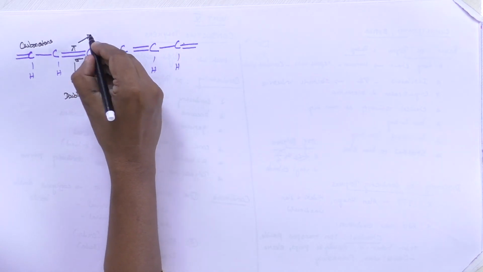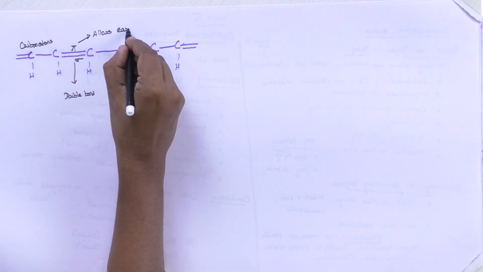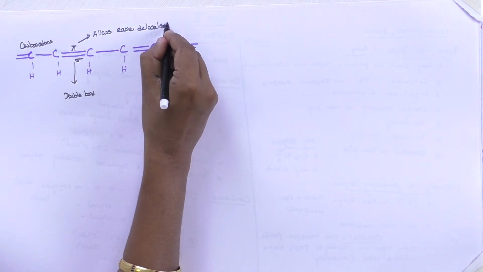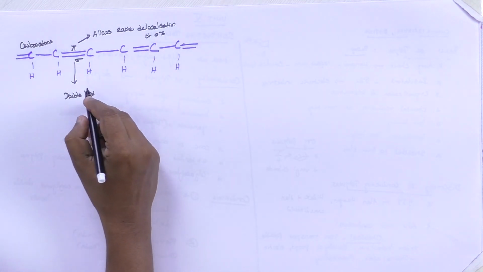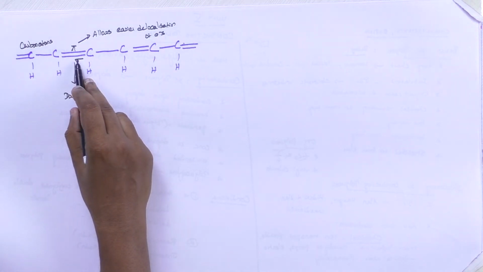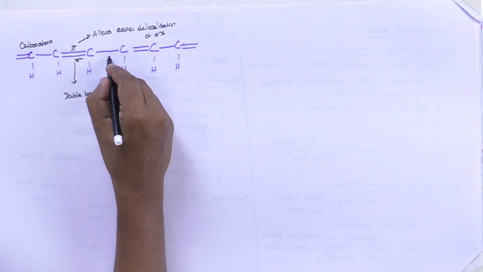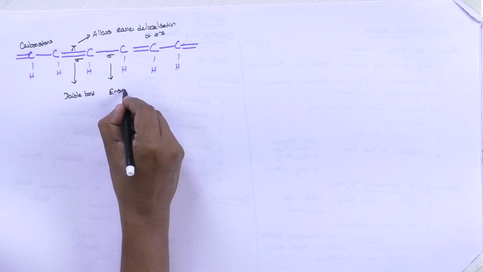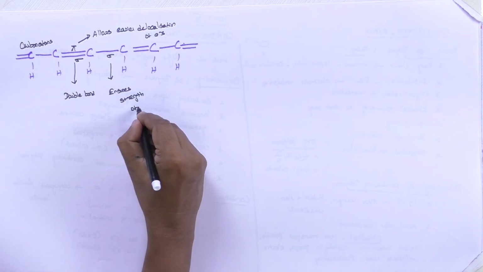It allows easier delocalization of electrons. And here you have a sigma bond. The sigma bond ensures the strength of the chain. This is also a sigma bond, and this sigma bond ensures the strength of your polymer chain.